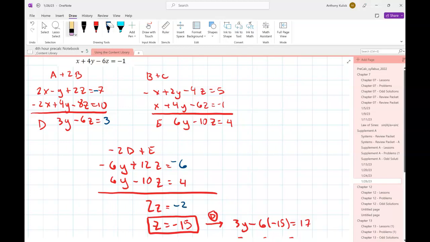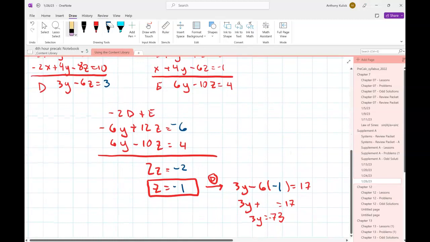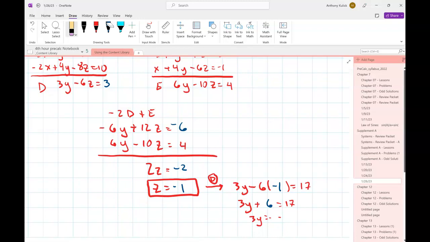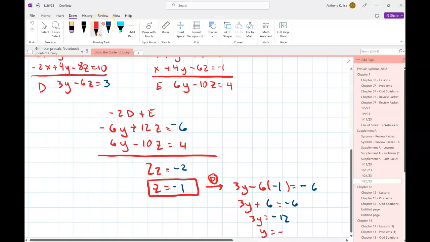That makes that negative 2, which makes that negative 1, which makes that negative 1, which makes that 6, and that was negative 6 over here. So that's going to be negative 12. And y equals negative 4.